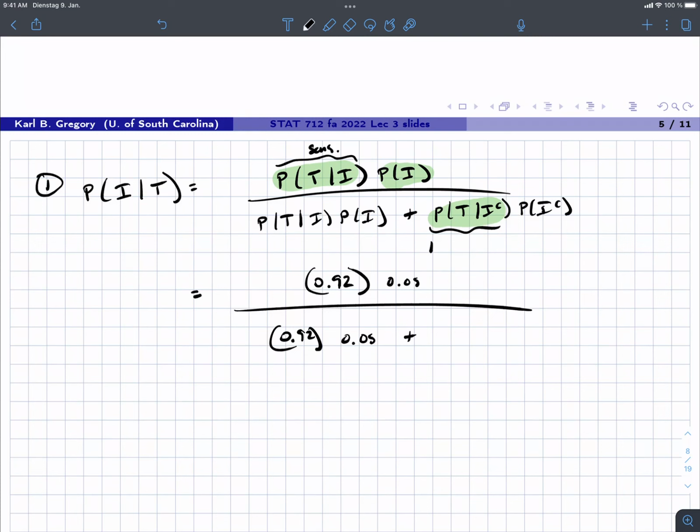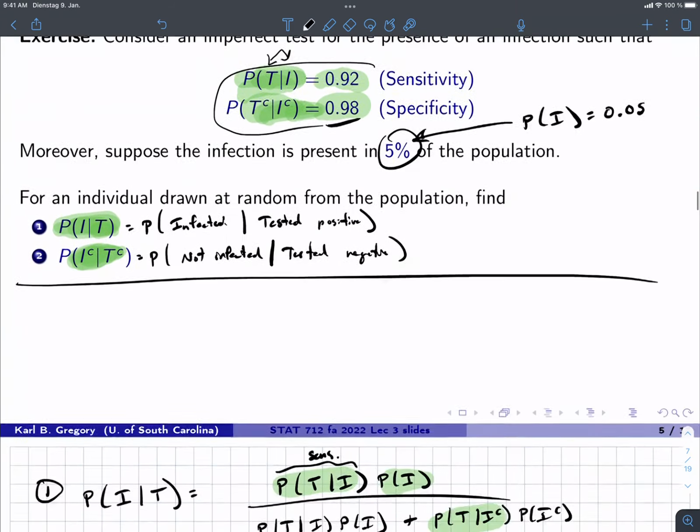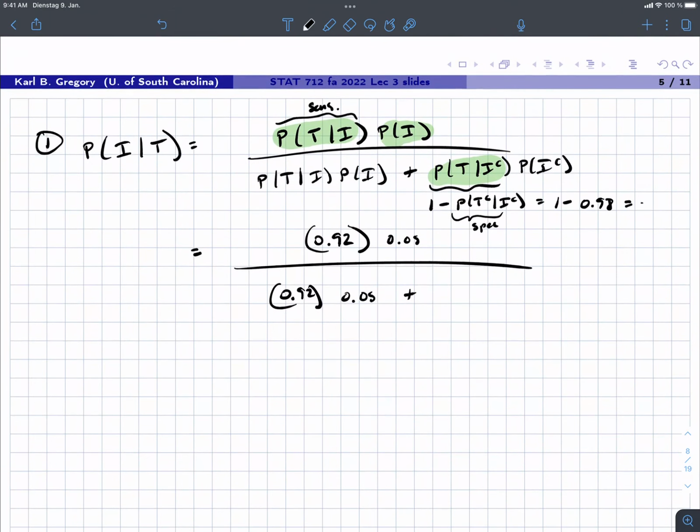This is going to be like 1 minus the probability of testing negative when you don't have the infection, which is 1 minus, remember this was what we called the specificity of the test, and it's 0.98, this number. So that's going to be 0.02. And then this here is going to be 1 minus probability of the infection, which is 1 minus 0.05. So this is 0.95.